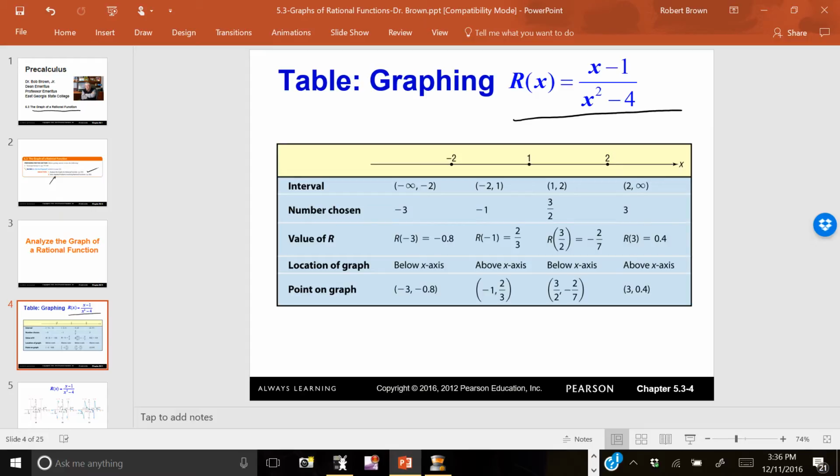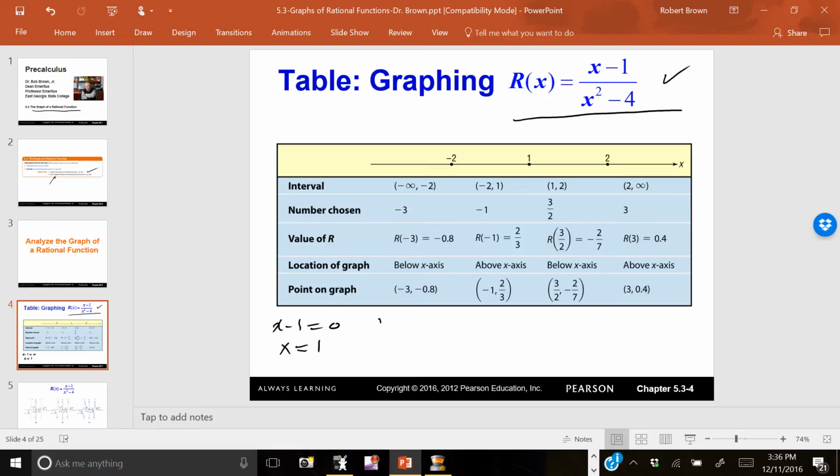The first thing we're going to look at for this graph is, first of all, the zeros. The zeros are when x minus 1 equals 0, and x equals 1 is the only zero for the numerator.